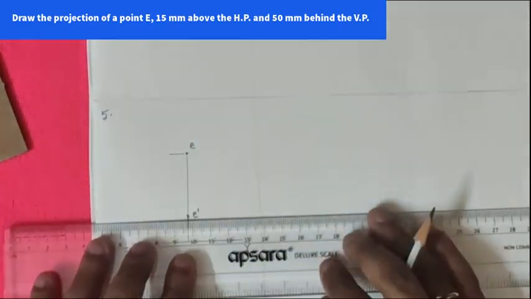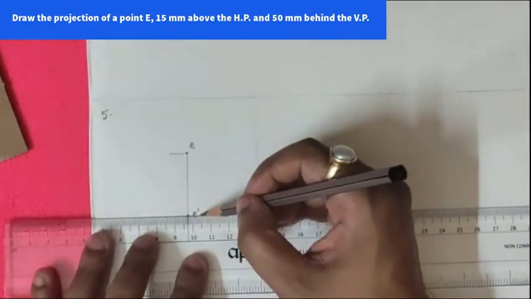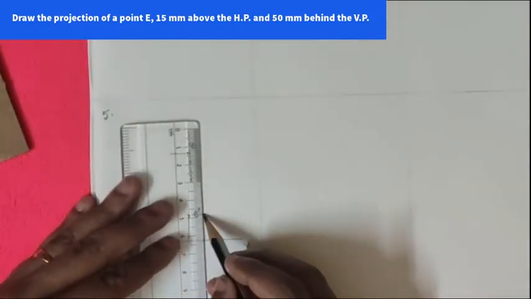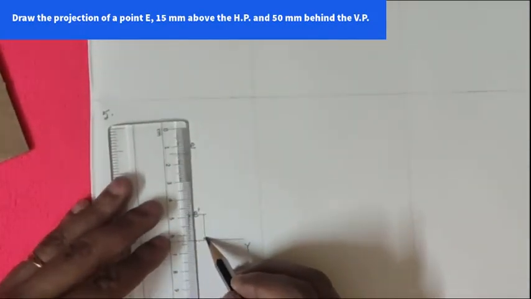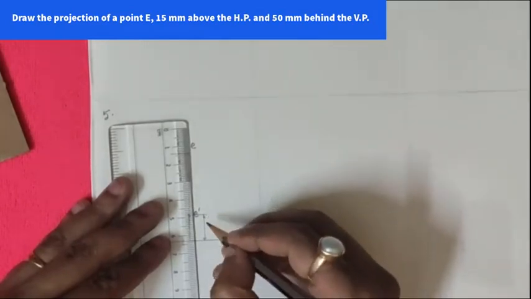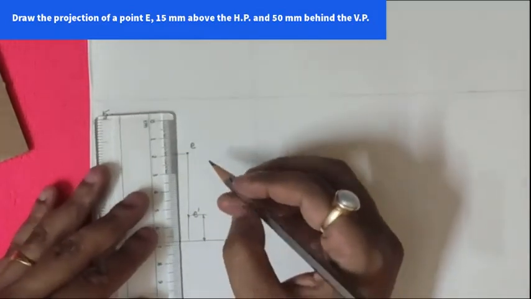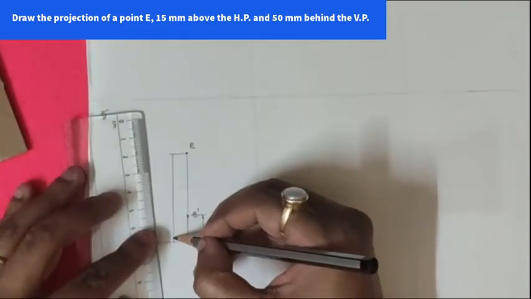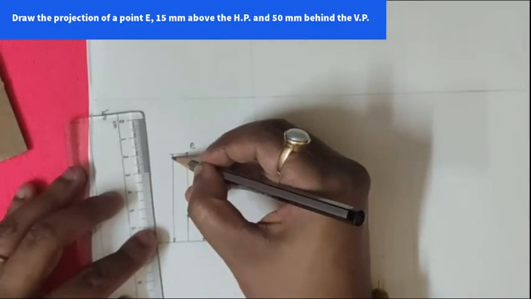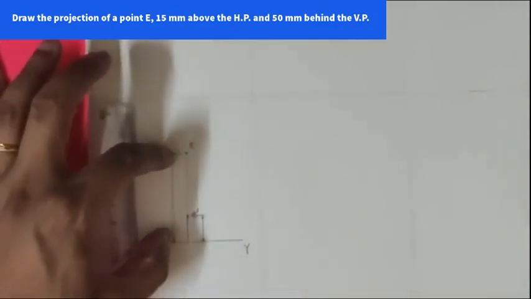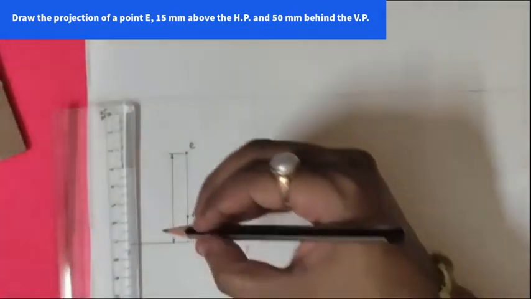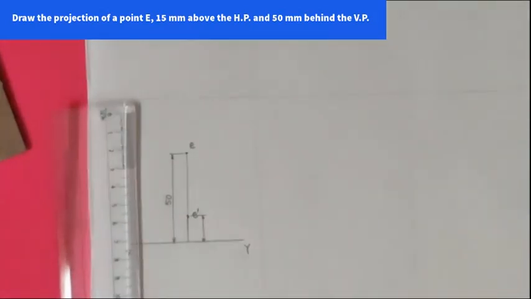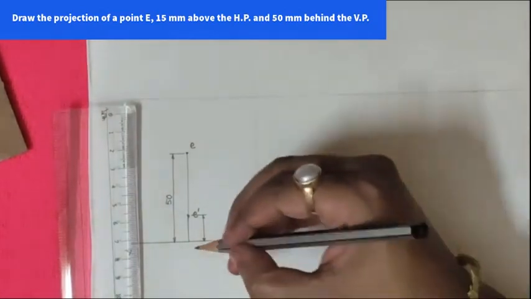Now try to give the dimension of these lines. This is one dimension and let us give the dimension here. This is another. So draw the arrowheads. Here also you draw the arrowhead. Now what is the distance of this? The top view distance given is 50 and the front view distance is given to be 15.